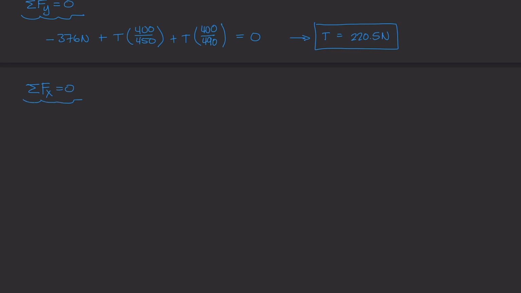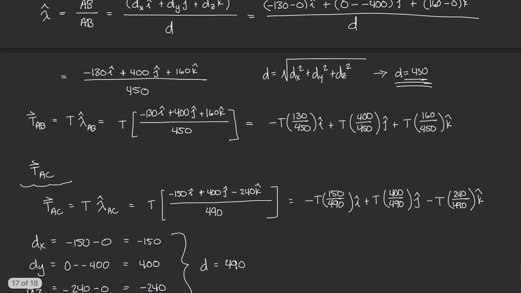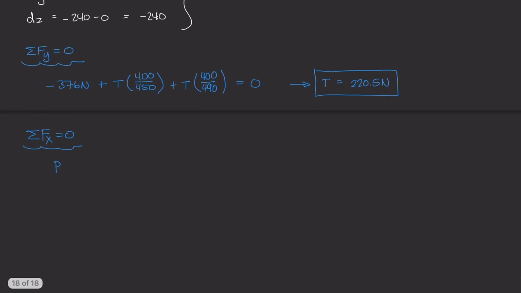And that P force was going positive, so we have a positive P. And then for tension of AB, our x component was this negative t of 130 over 450. So we'll have to include that down here by saying negative t times 130 over 450.